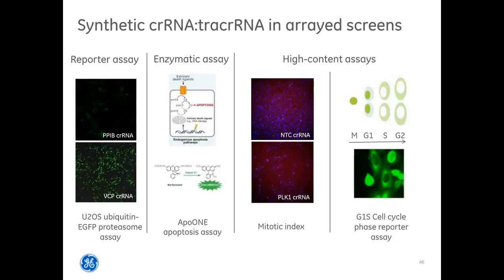Now, as you saw, under optimized conditions, all of these assays gave us sufficient penetrance to evaluate target gene knockout phenotype in a single well with no enrichment required. And so I really feel that these demonstrate nicely the potential for arrayed screening using the editor synthetic CRISPR and tracrRNA to RNA system.